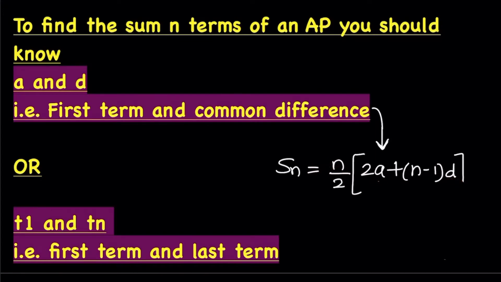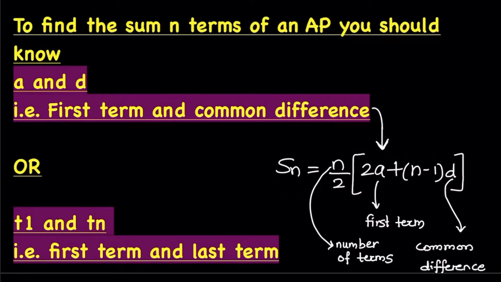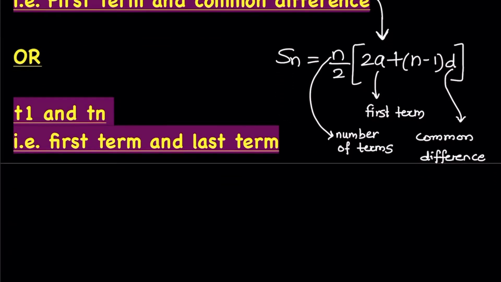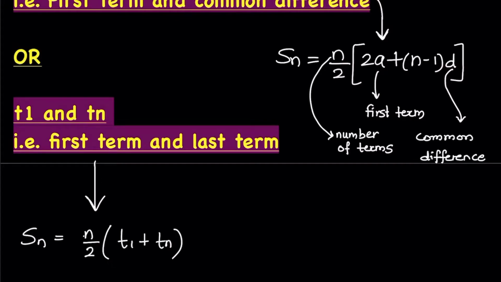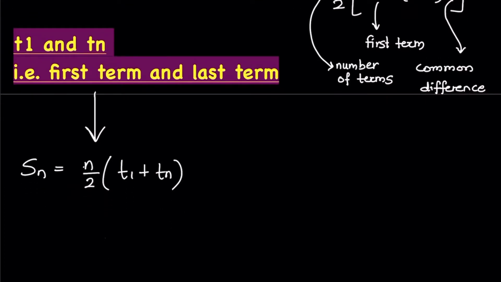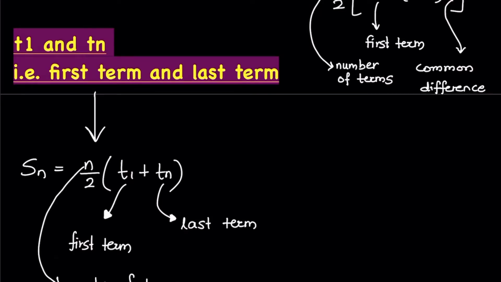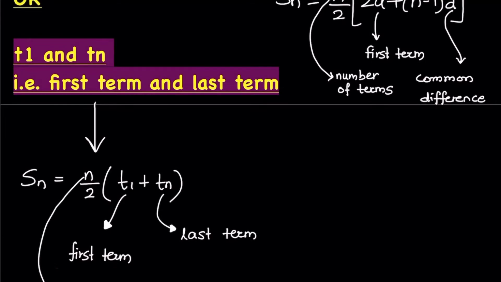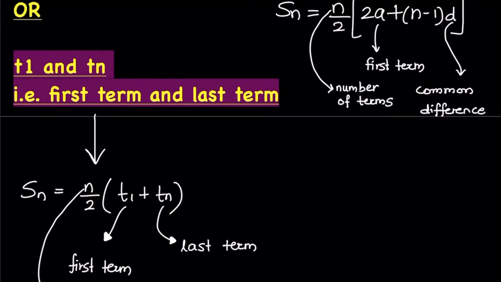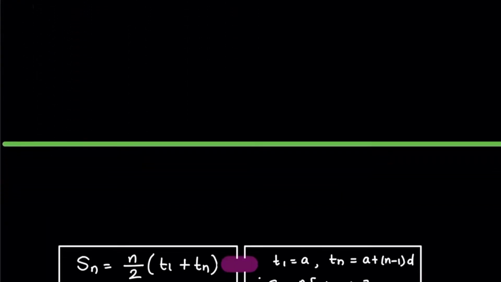So when you know a and d, you will make use of this formula. And when you know T1 and Tn, that is the first term and last term, you will simply use this formula: Sn is n by 2 into T1 plus Tn, where T1 and Tn are the first term and last term, and n is the number of terms. These two formulas are not different, they are the same. We will see how they are the same.